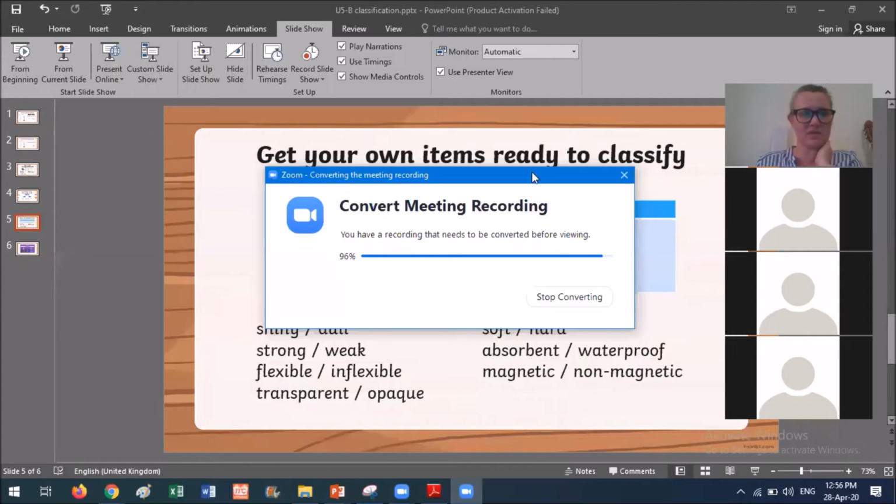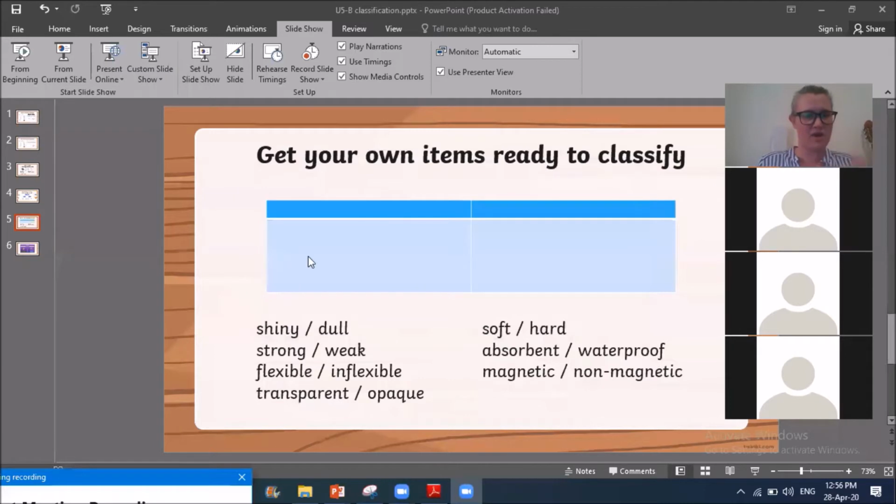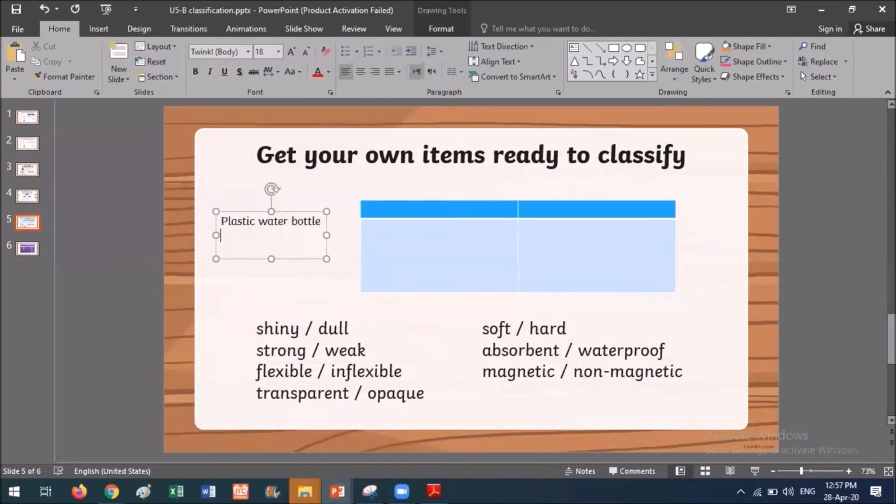So let's see, can we have hands up, please? Jada. Hello, Jada. Now, what different things do you have to classify for us? A water bottle, a cloth. What kind of cloth? Is it a kitchen one? In the kitchen. Okay, so a kitchen cloth. And my revision pack is paper.